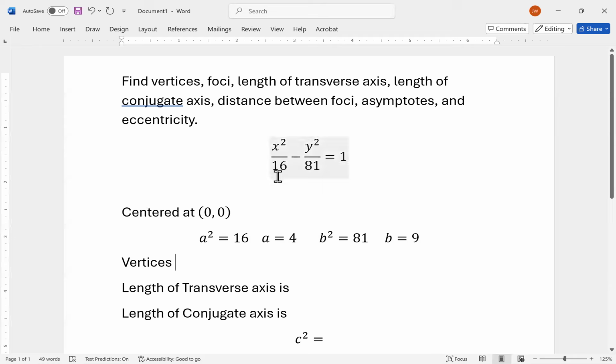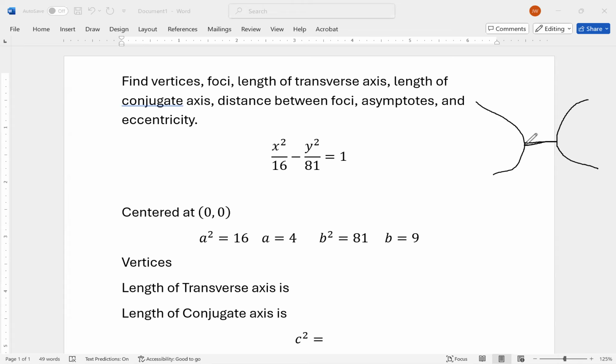Because I have the positive part involving x, I know that my hyperbola is going to be pointing left and right. In other words, my transverse axis is going to be horizontal. That's all because this x is positive.